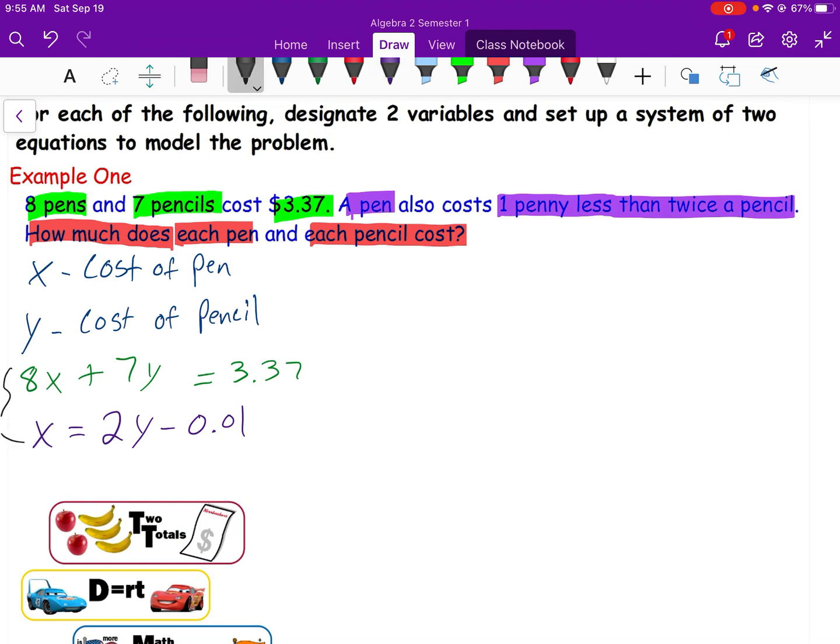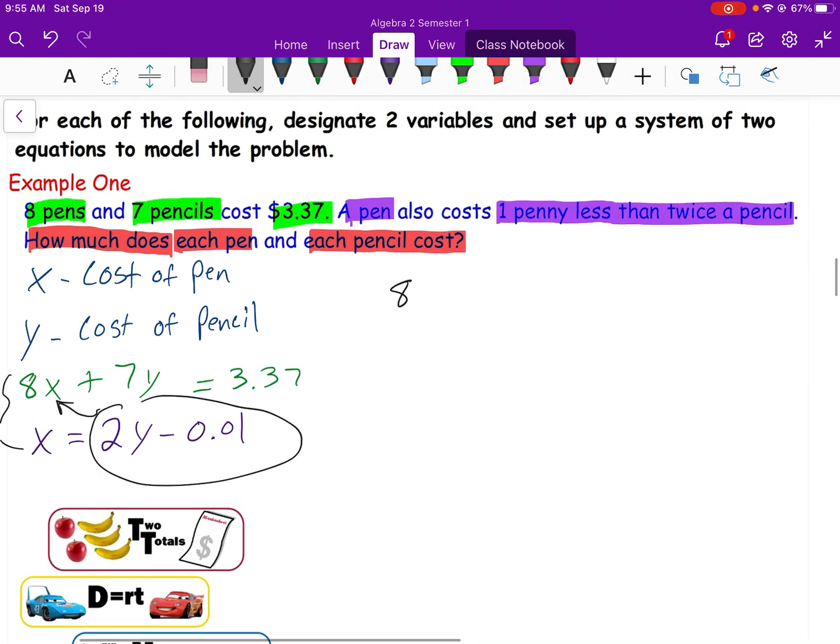Now we need to use one of the methods we have learned to solve this system. I see that X equals, our purple equation there, has isolated a variable already, so I'm going to go with substitution in this case. I'm going to plug this in for X into the top equation. So 8 times (2Y minus 0.01) plus 7Y equals 337.